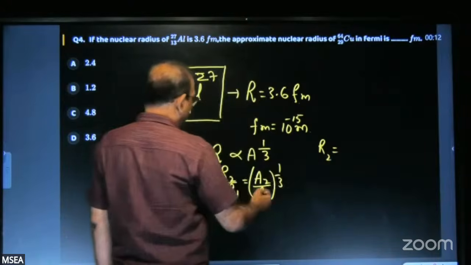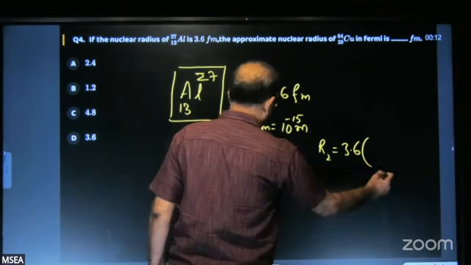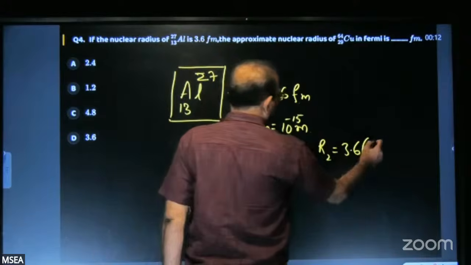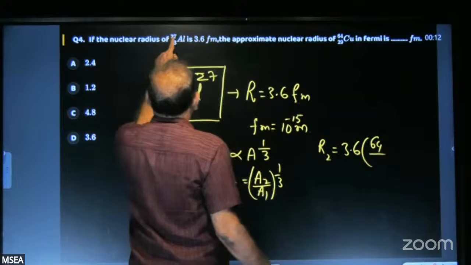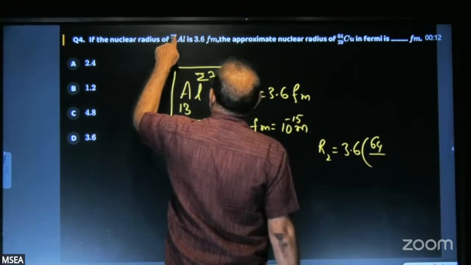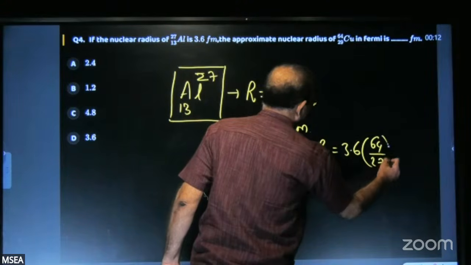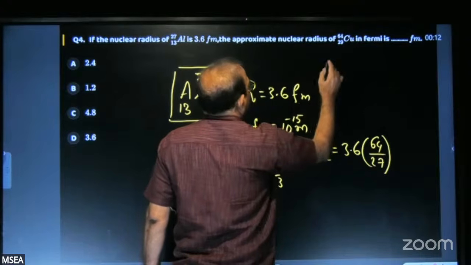R2 equals R1, 3.6, into A2, 64, by A1, 27, whole power 1 by 3. The upper number is the mass number and the lower suffix 13 is the atomic number.